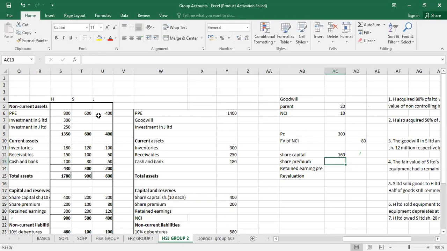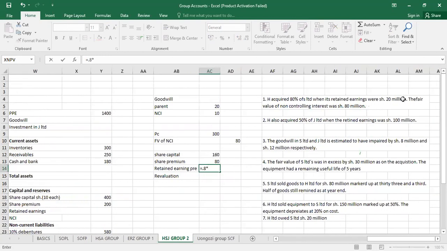Share capital is 200. Share premium, 0.8 multiplied by 100. Then 0.8 multiplied by the 20 pre-acquisition retained earnings. Then 0.8 multiplied by the 30 million excess, so it will be 30.